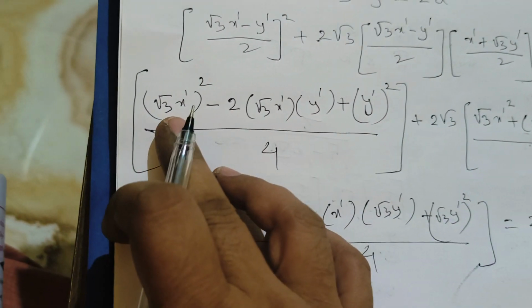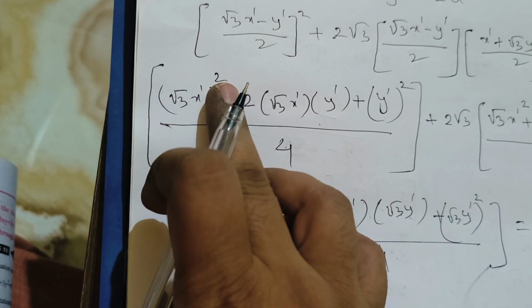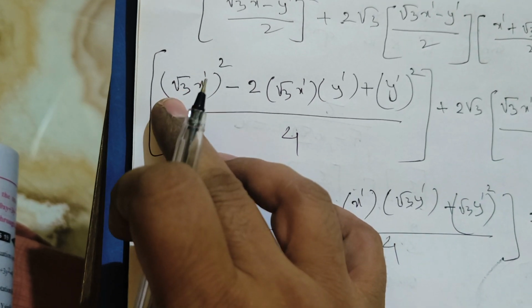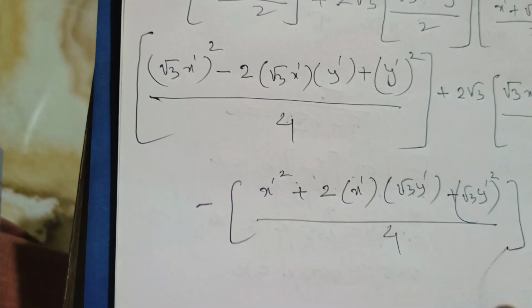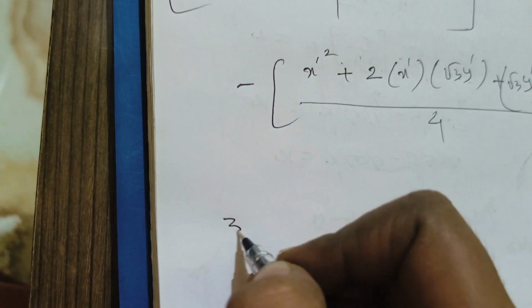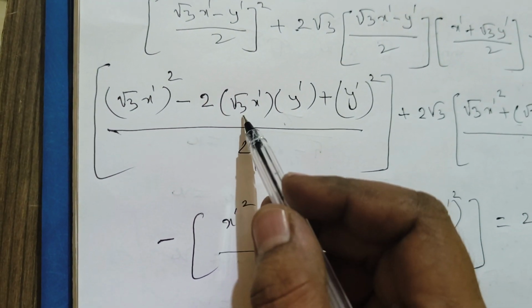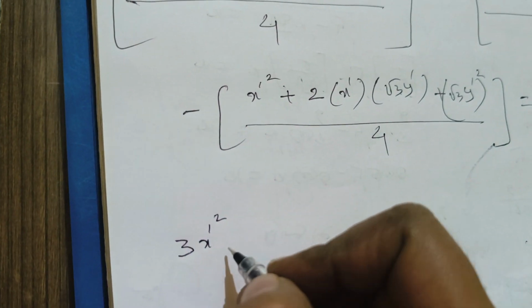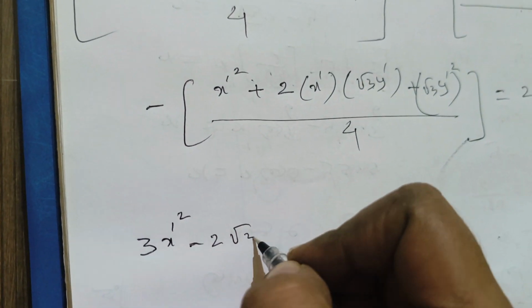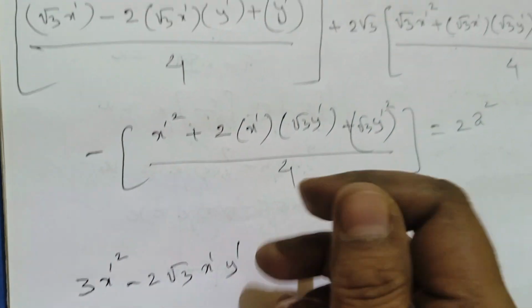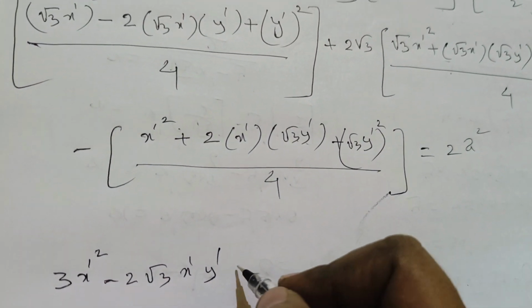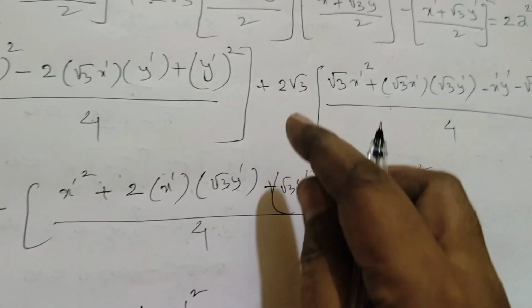Now when we open the bracket, root 3 and square get cancelled. We get 3 x dash square, minus 2 root 3 x dash y dash, plus y dash square.